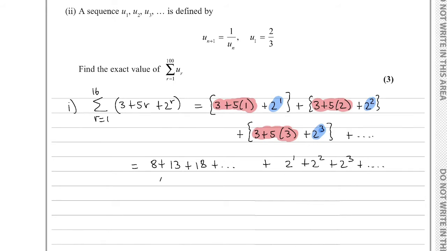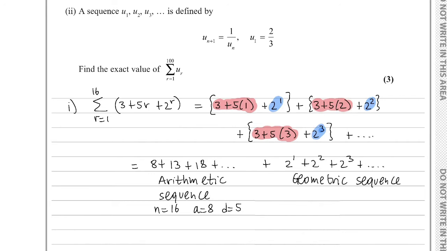So this is an arithmetic sequence. We have n is 16, a is 8, d is 5. So these are the ingredients of this arithmetic sequence. And this is a geometric one with, again, 16 terms. The first term is 2, and the common ratio is also 2.